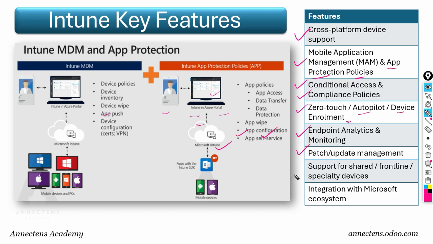Then patch and update management. Earlier we used to get patches from Microsoft, download them, and if you are coming from SCCM, you know that we need to download them, create a package, then deploy it across your network, ensuring these patches are first tested in a pre-production environment before rolling them out to production.